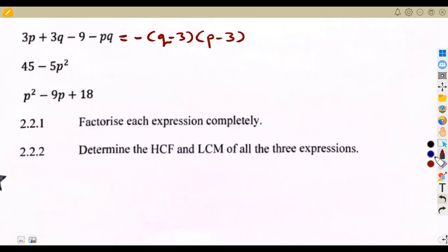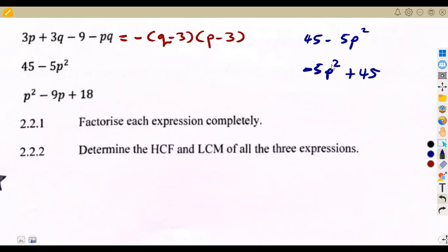that part of 45, if we check this, 45 minus 5p squared. If you check this also, look where the p is. On the last term, and we are supposed to have this on the first term. To maintain this p, q, we are supposed to maintain that on the first term. So meaning to say, we can just start by writing this as negative 5p squared plus 45.